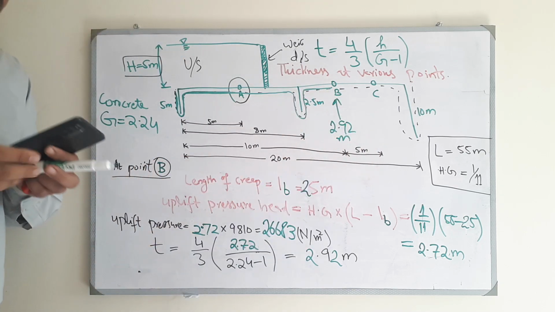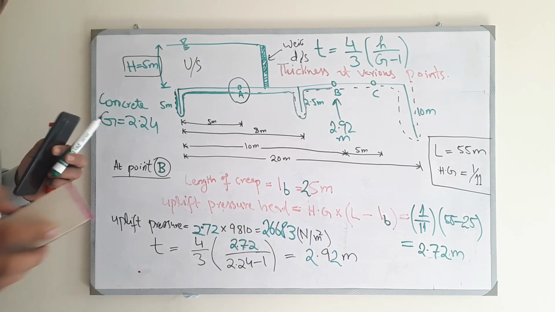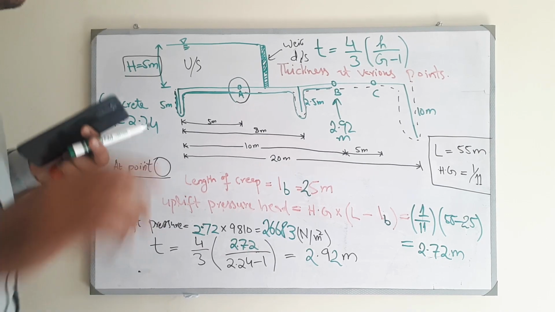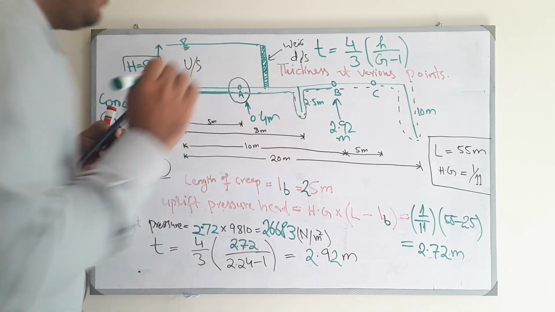So now let's say we move towards the point C. So now for the point C, here at point A it was 0.4 meters.